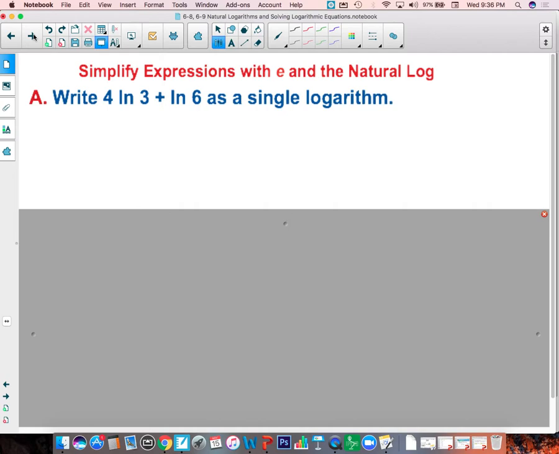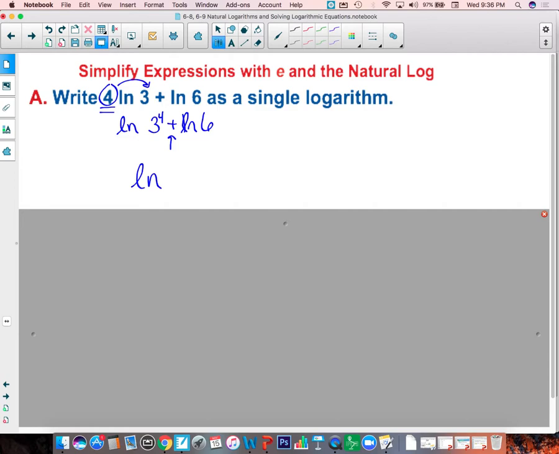Okay, so we have the number out front, the 4. Remember, numbers that are out in front of logarithms go up top as exponents. So I can rewrite this as natural log of 3 to the 4th plus natural log of 6. When you add these, you multiply the stuff on the inside.